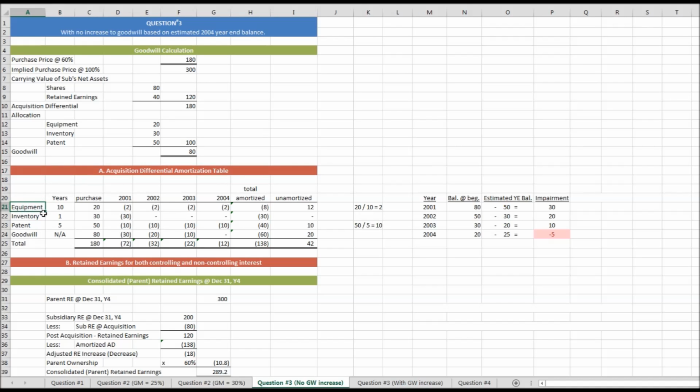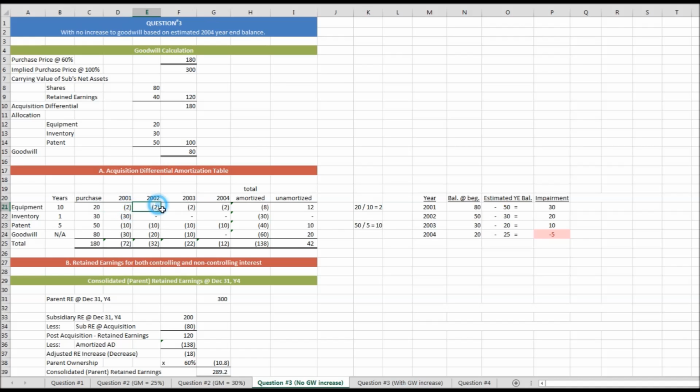I'm going to start off with equipment over here, which has a useful life of 10 years. Since it's got a fair value excess of 20, we want to amortize that 20 over the useful life of the equipment. So right over here, we're dividing the equipment's fair value excess by 10, giving us $2 annually of amortization.